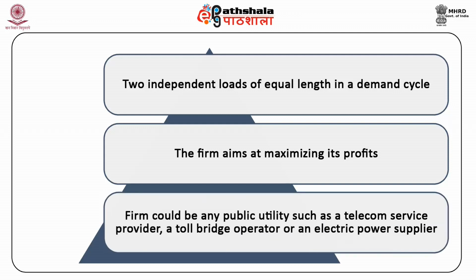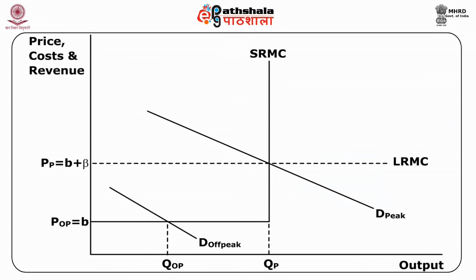This firm could be any public utility, such as a telecom service provider, a toll bridge operator, or an electric power supplier, or any other good or service with the above mentioned three characteristics. D peak and D off-peak are the respective demand curves of the peak and off-peak period segments. D off-peak is lower than D peak and the two demands are assumed to be independent.